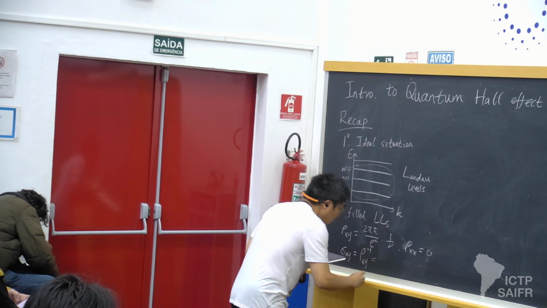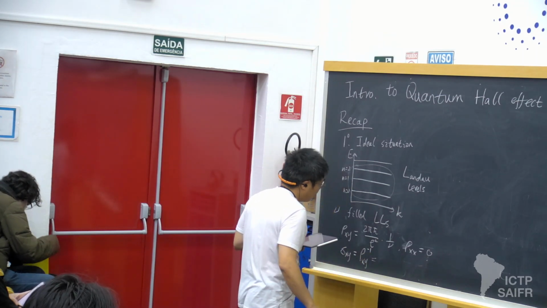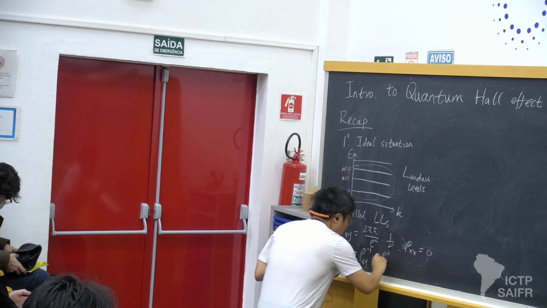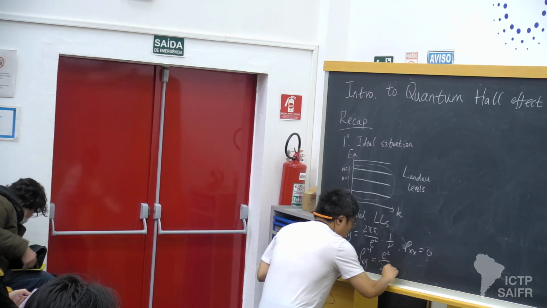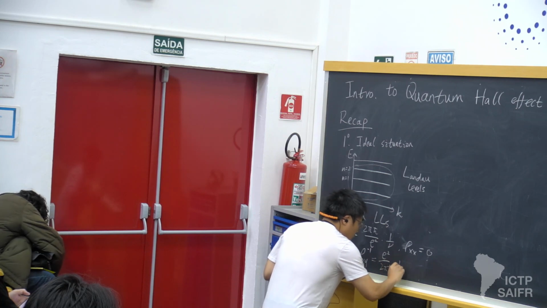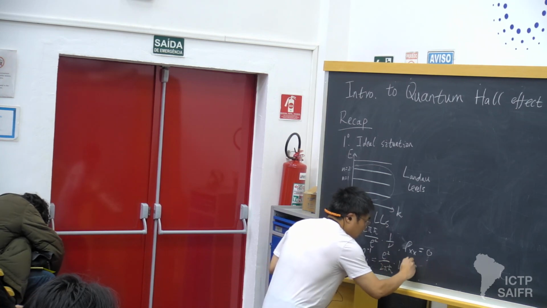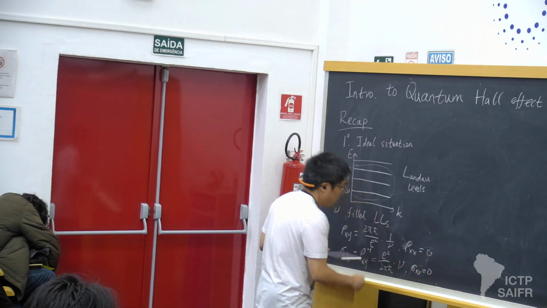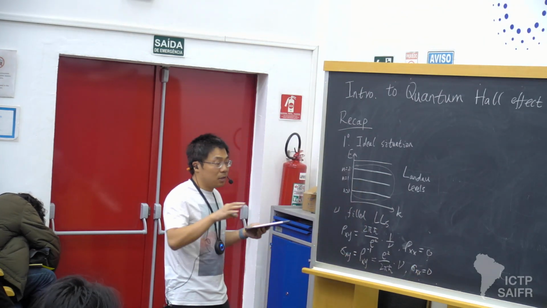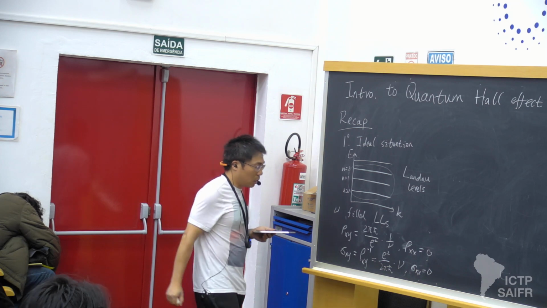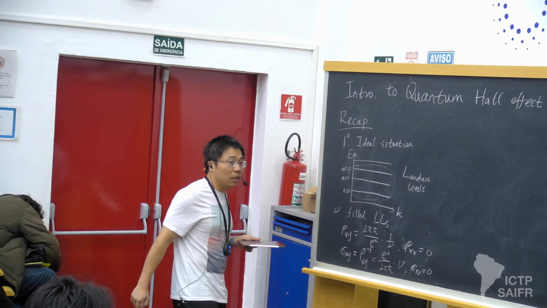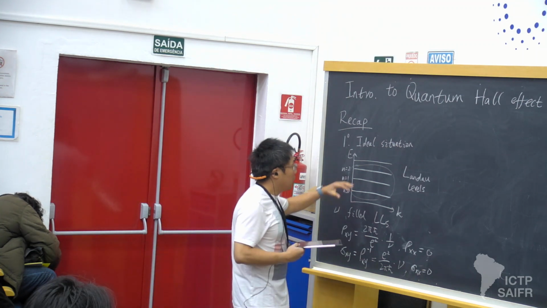The conductivity σxy will be just the inverse of ρxy, and it will be e²/(2πħ) times ν, right? And σxx is still 0. The reason is that here we have a matrix rather than a number to characterize the conductivity or resistivity, right? So this result is nice.